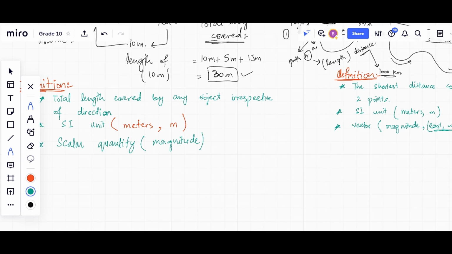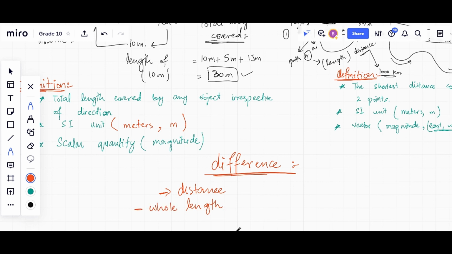What is the difference between distance and displacement? Distance is the length of your whole journey. It is the whole length, which always comes up to be a greater number. And displacement is the shortest distance.